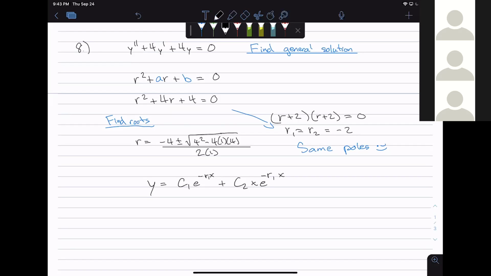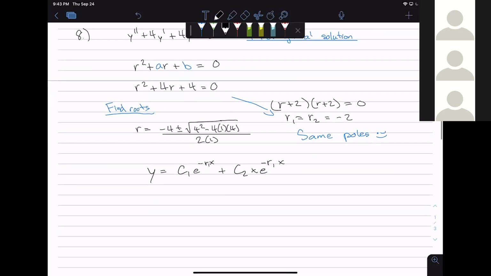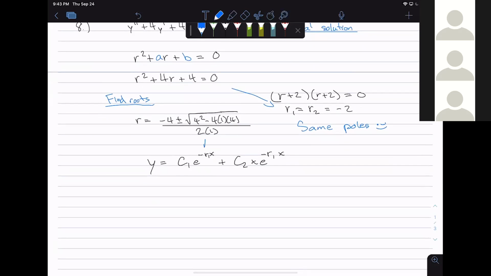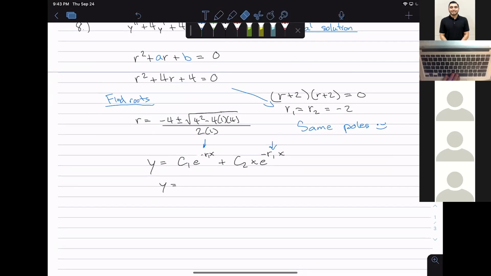I remember it as not distributed, I guess, factored out, because you factored out the e to the R1x. Maybe the R1s are positive? Yeah, they're positive.